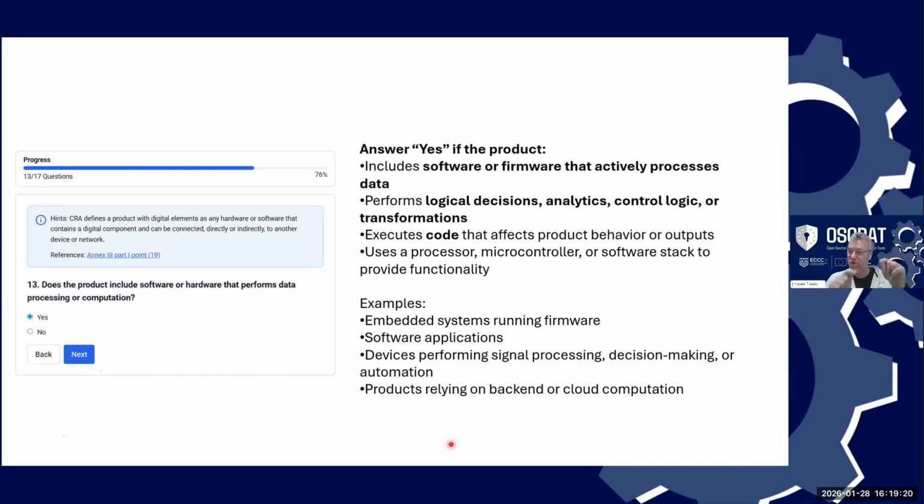If you reach this far, we are assuming that it has digital components and that it's software or hardware which is part of the solution, and it's impossible to reach here without the product including software or hardware that performs processing or computing.